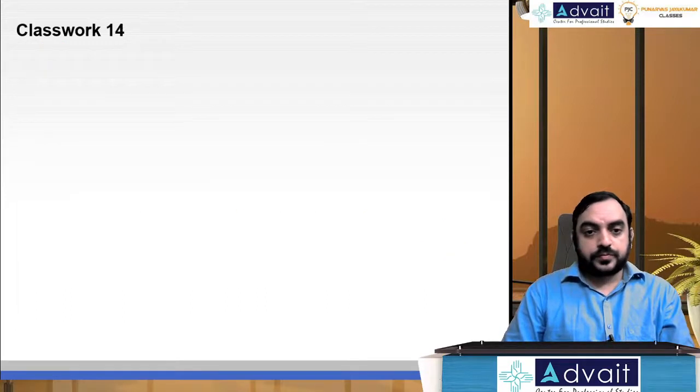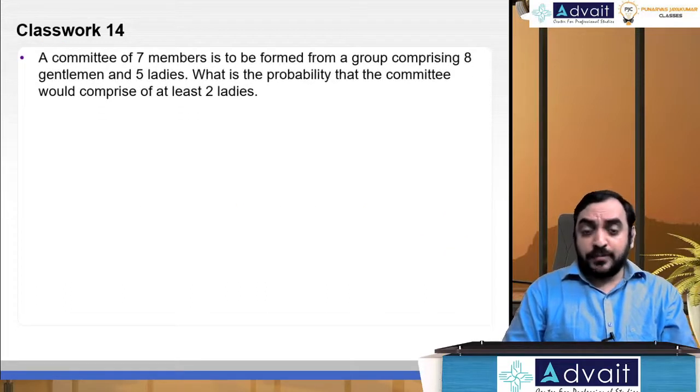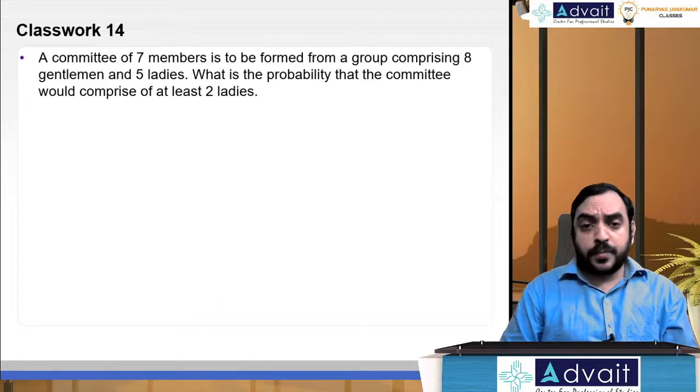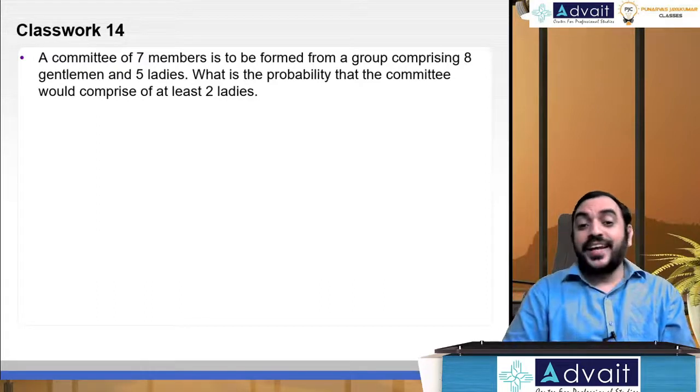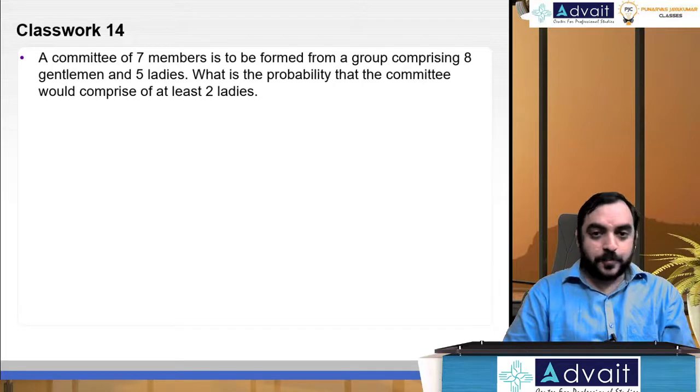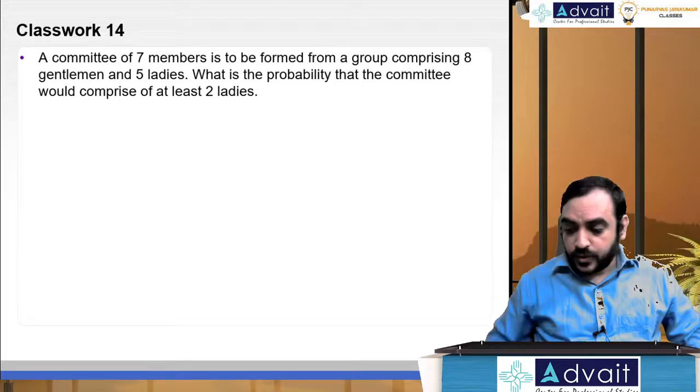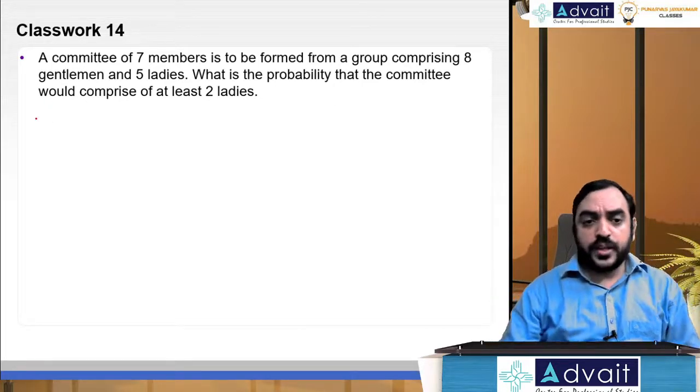Next. A committee of 7 members is to be formed from a group comprising 8 gentlemen and 5 ladies. What is the probability that the committee would comprise at least 2 ladies? At least 2 ladies. So what's the formula going to be?